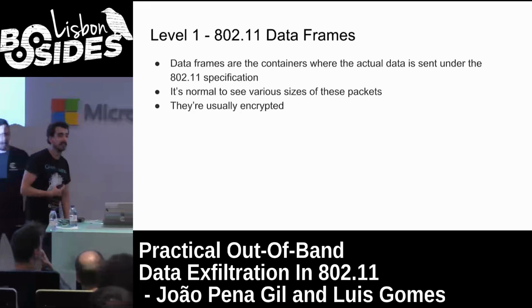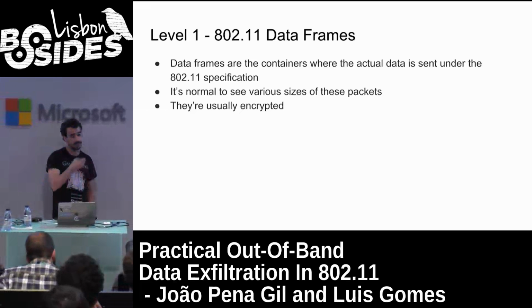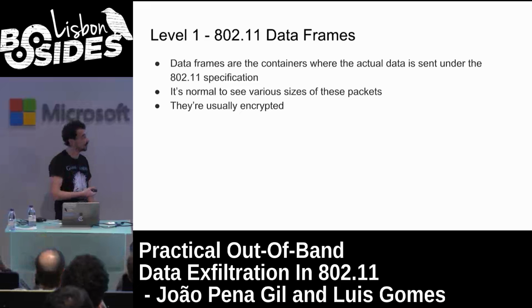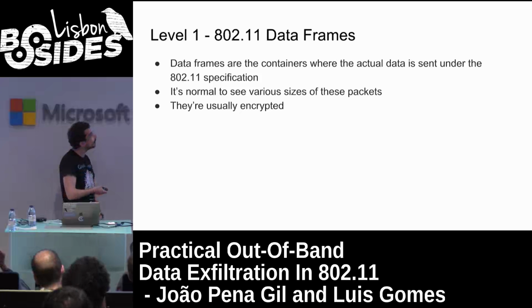Okay, so let's get a little into the specifics. As I told you before, the other tools used additional layers on the 802.11 frames, or replaced the SSID field with the data you want to exfiltrate. So let's try a different approach: let's use 802.11 data frames. They were actually designed to hold data.